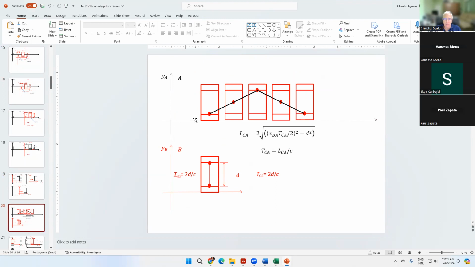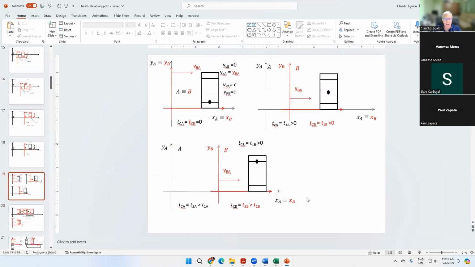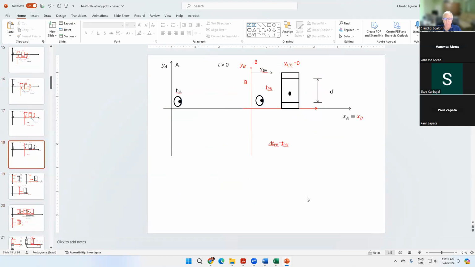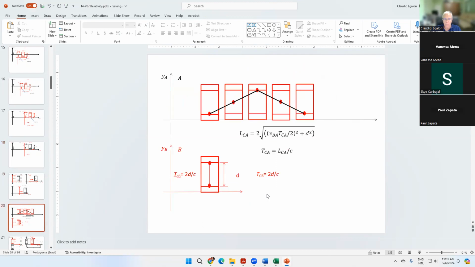An observer in referential A will see the path of the light clock undergoing this path, a longer distance than this other observer here.